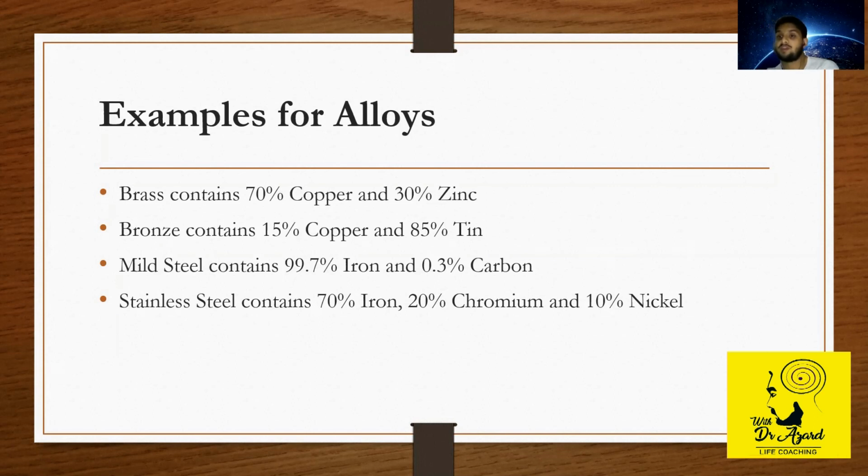In detail, we discussed extraction techniques with regard to aluminium and iron. We also learned about rusting. And at the end, we learned about alloys and discussed examples of alloys.